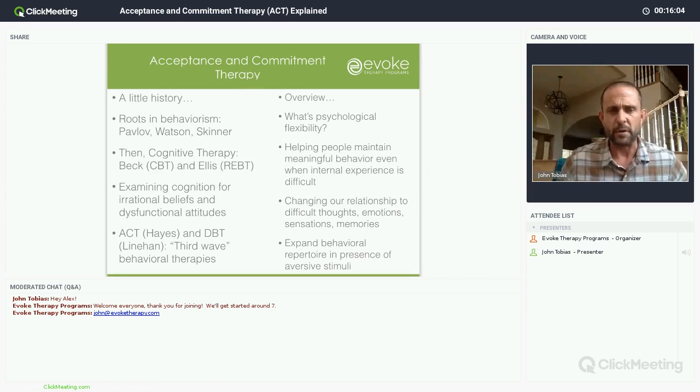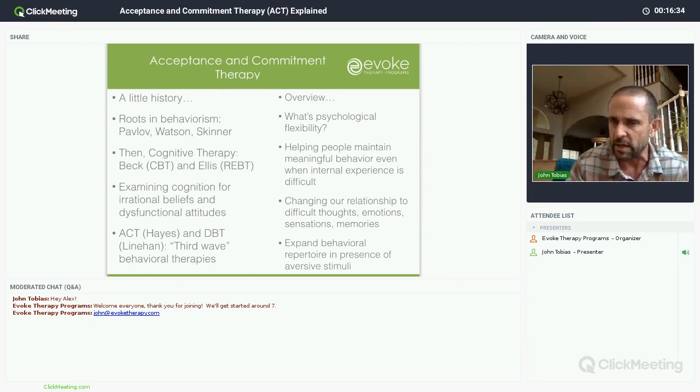Also, Albert Ellis's rational emotive behavior therapy is also considered a second wave behavior therapy. And the thing that really differentiated the second wave of behavior therapies from the first wave is that with the second wave came a real focus on cognition and examining the role that cognition plays in our psychological difficulties.